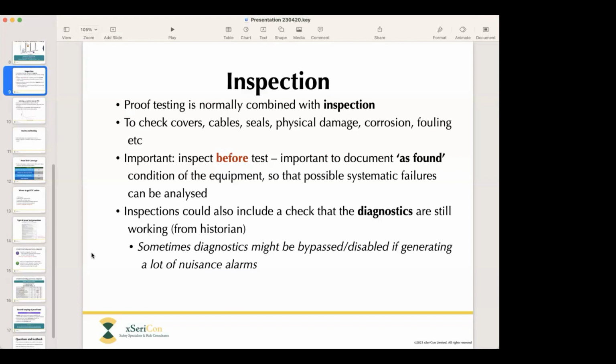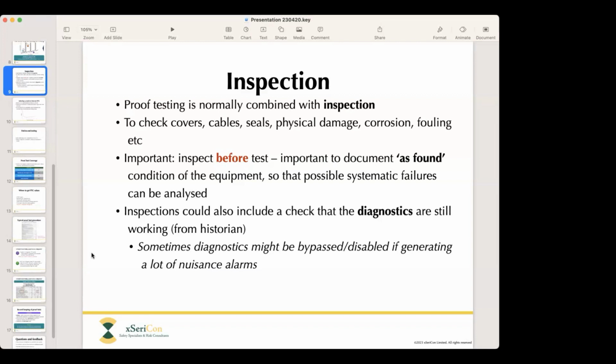We'll be checking that the cables look to be in good condition with no mechanical damage. There's been no collision or impact damage on the cables. All of the seals and glands are tight. No obvious physical damage to any part of the equipment, no obvious corrosion, no obvious fouling.